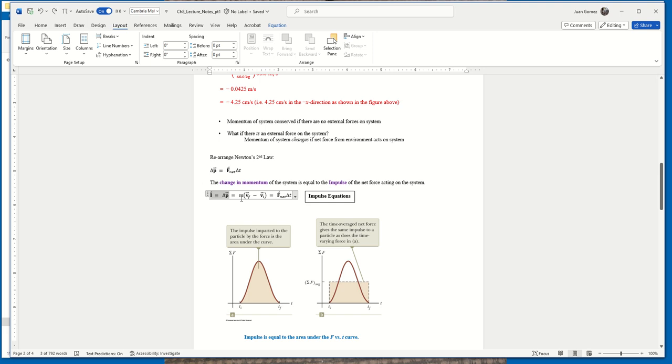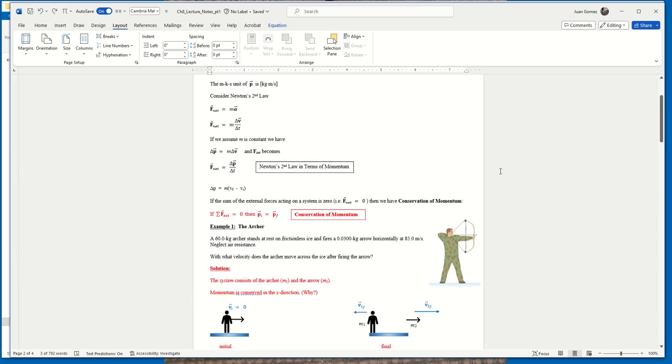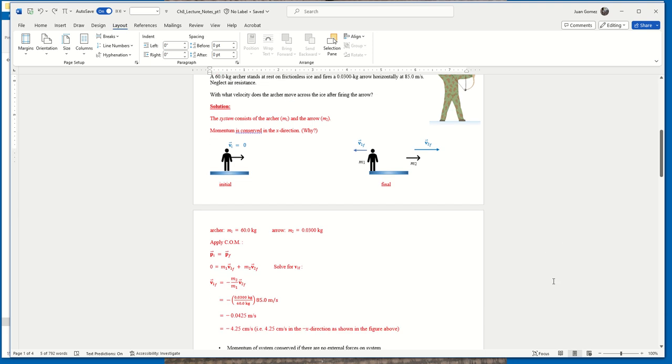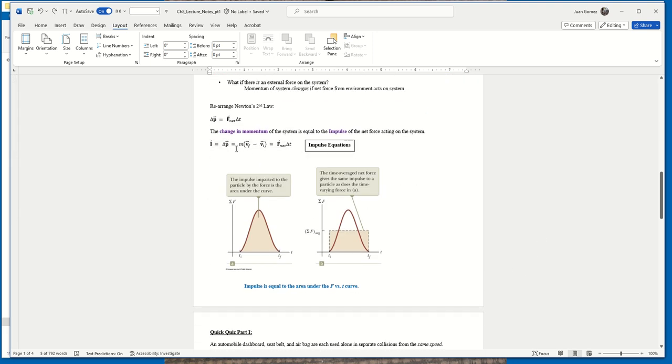What is the change in momentum? It's m times V final minus V initial. So I is equal to delta P, which is m times V final minus V initial.